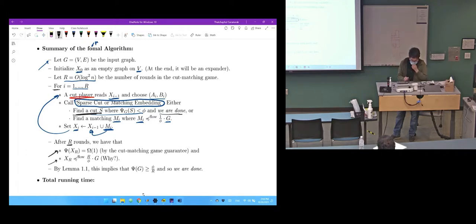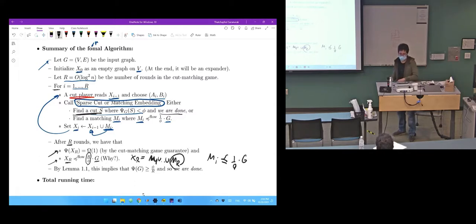But X_R will be embeddable into G with this congestion. The reason is that X_R is just a union of M_1 up to M_R, and each of these M_i is embeddable with this congestion.